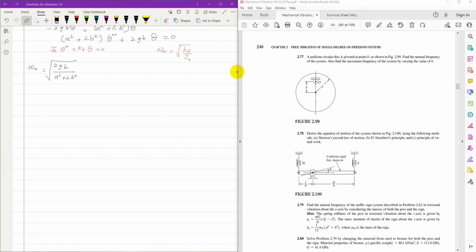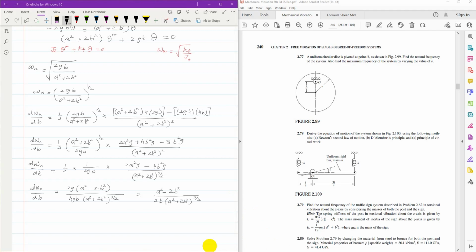After setting the first order derivative equal to 0, we see what the possible values of b are, and then put those values in the second order derivative to find the maximum value. So now we need to find the first order derivative of omega n with respect to b, d omega n over db.